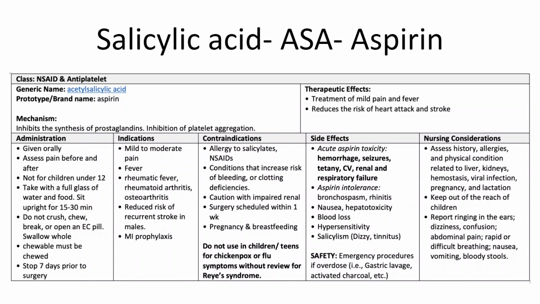Most of the time it's given orally, usually after food because it is a gastric irritant, and it has to be given with a sufficient quantity of water because it's acidic in nature and can produce erosion of the stomach mucosa. Aspirin tablets usually have a coating so that they are digested in the stomach.